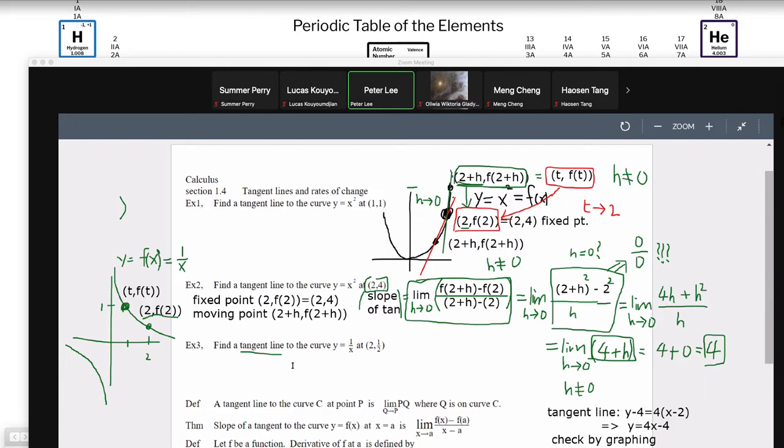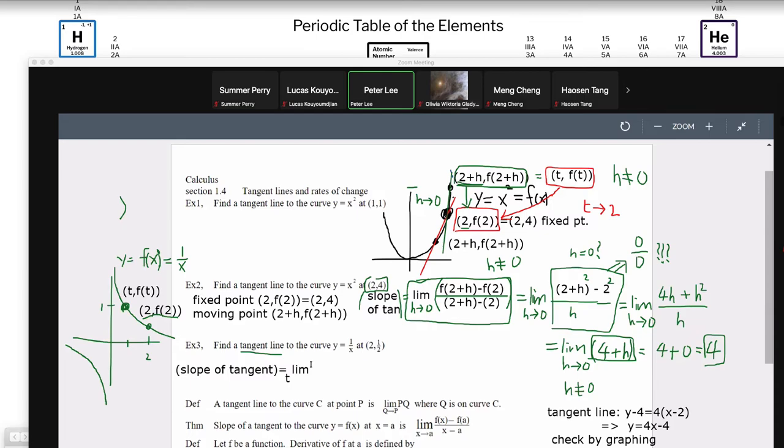So t. Now, how do we get the slope of the tangent? The slope of the tangent is going to be this. So this is the slope of the tangent here. The slope of the tangent is going to be the limit, t approaching 2.